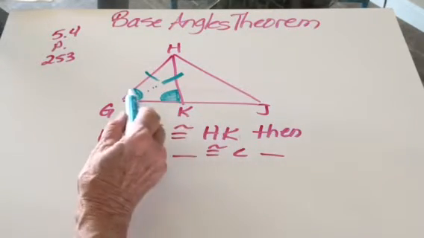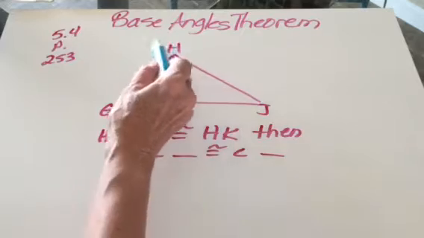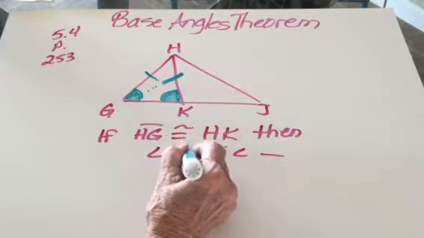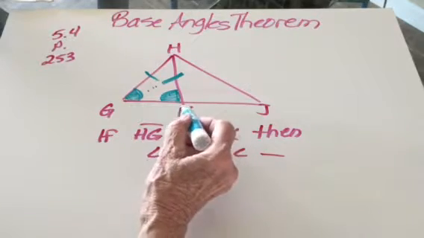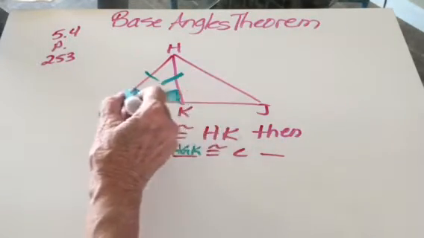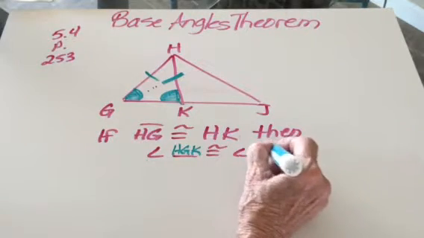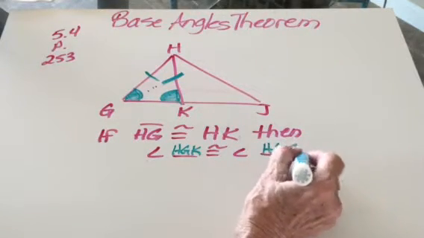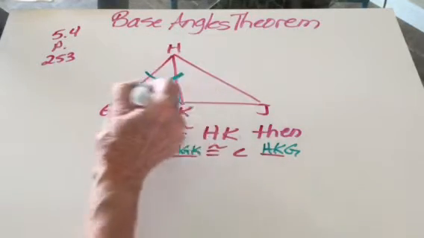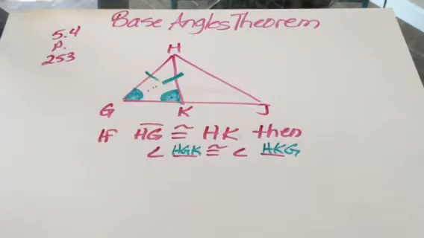So I'm going to call this angle HGK, and I'm going to call this angle HKG. Do you see that? Because when I say HKG, it just means that little part.